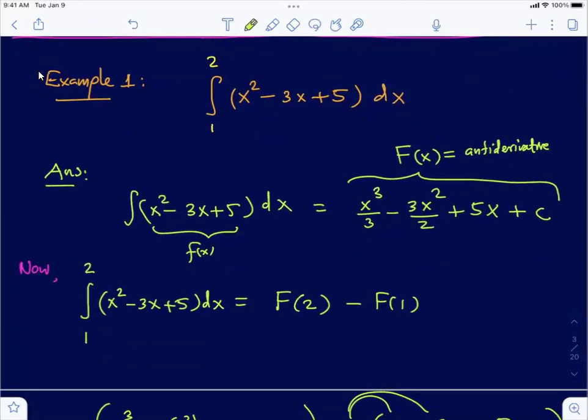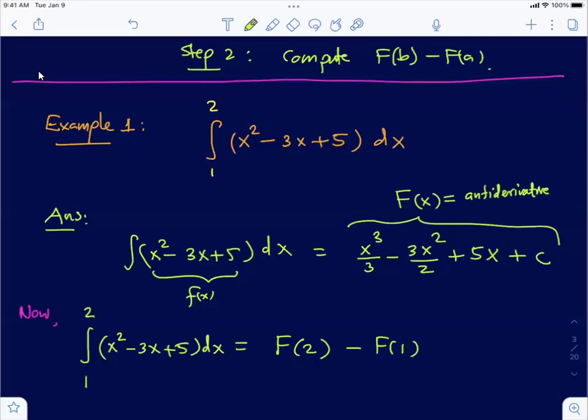Let's take the definite integral given here. How do we compute it? The first step, we pretend that we do not have these bounds. In other words, I'm going to just delete them for a moment, and that is what we have here. So I'm going to compute the indefinite integral.